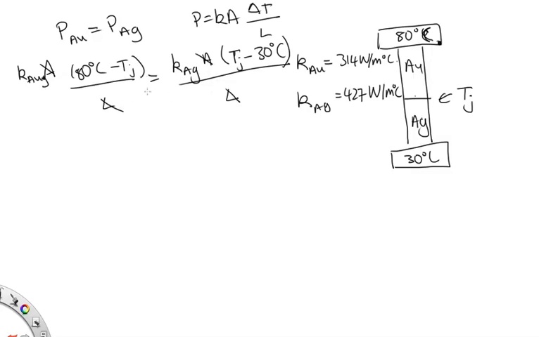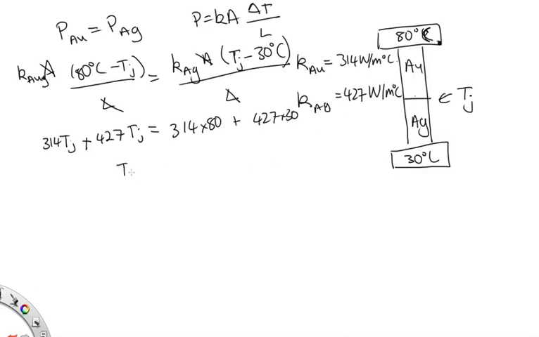So we can put all the TJ's onto the left-hand side and all the numbers on the right-hand side. Okay, so let's substitute in. We've got 314 TJ plus 427 TJ is equal to 314 times 80 plus 427 times 30.